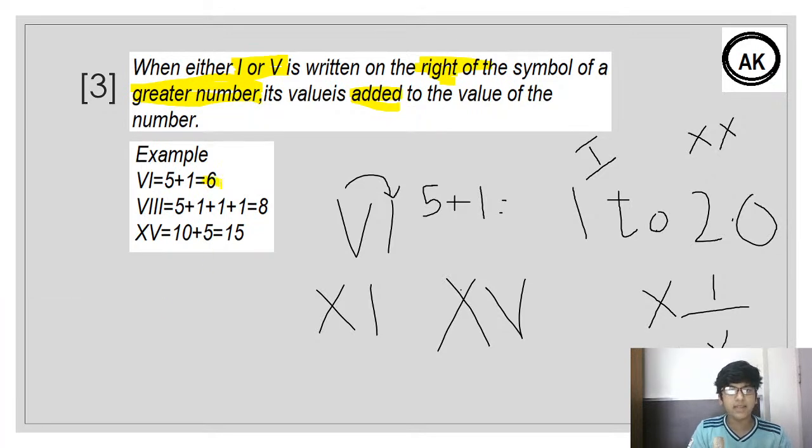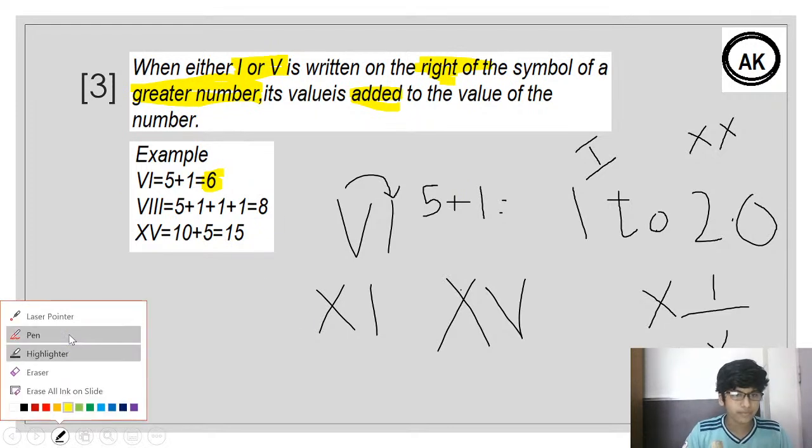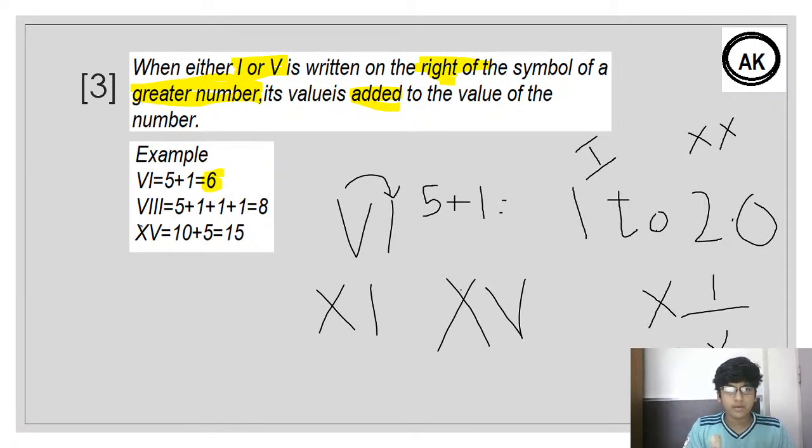So like this we will now learn for the next two numbers also. This is V and 3 I's are written on the right side of the number. So this is the example we are taking: V and 3 times I written on this side.